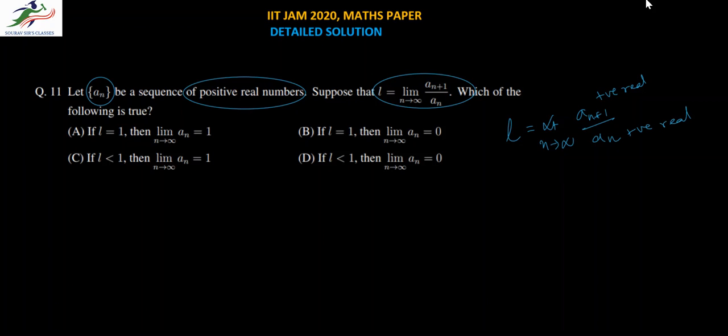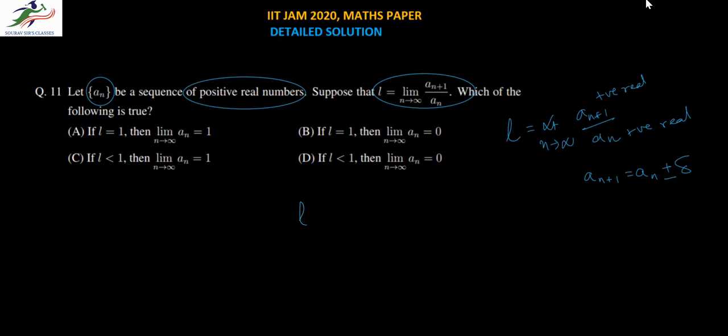So we can say that an plus 1 is equal to an plus or minus a delta, which is the difference between an and an plus 1.